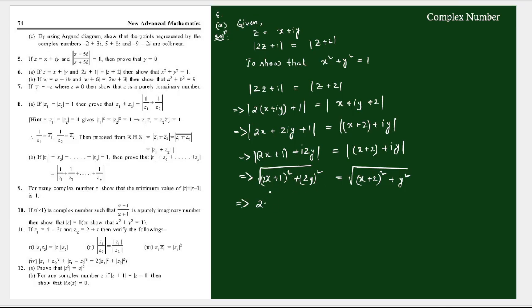Let's break it down here. 2x whole square is how much? 4x square plus 2 into 2x into 1, it will be 4x, plus 1 square is 1, plus 2y square is 4y square. Here also x square plus 2x plus 4 plus y square.